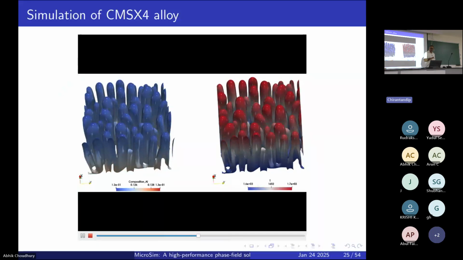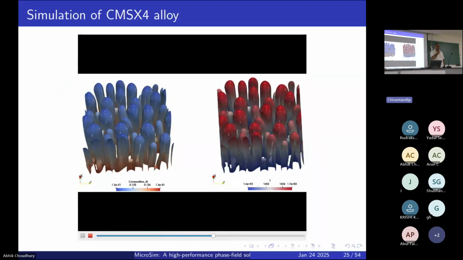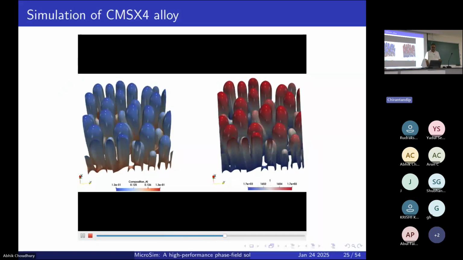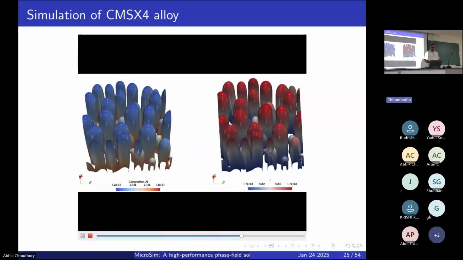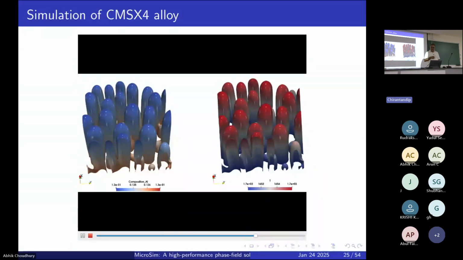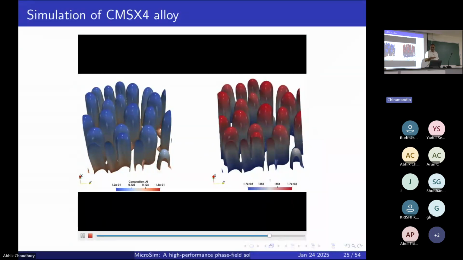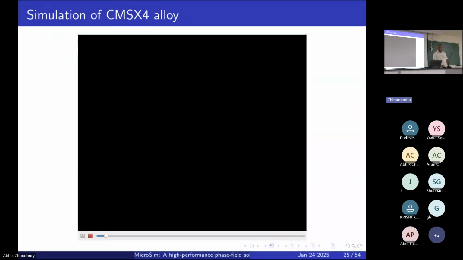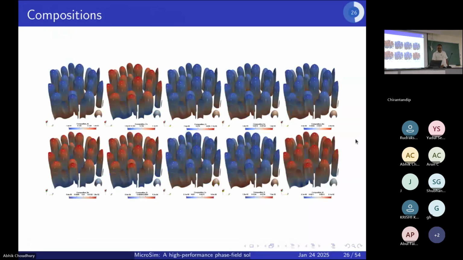Now, this has already been benchmarked in a different simulation, not 11 elements, but a slightly smaller number of elements, I think 6 elements. Mohan's work has benchmarked the spacing as well as the segregation. So already we know that our solvers are capable of predicting the spacing and the segregation reasonably well.